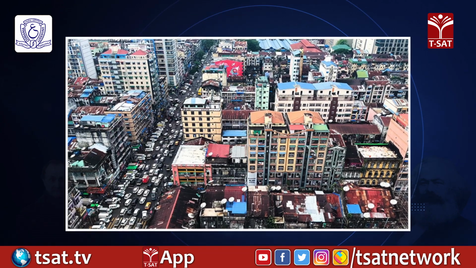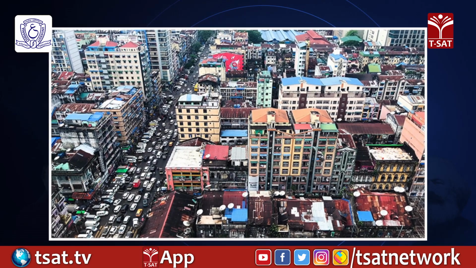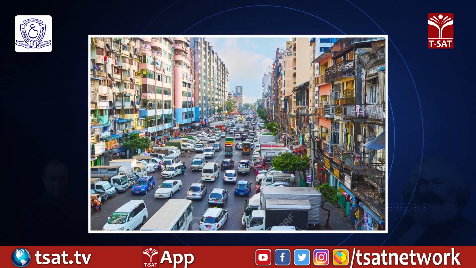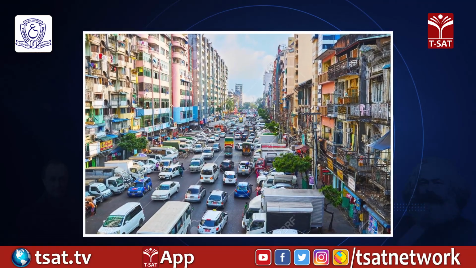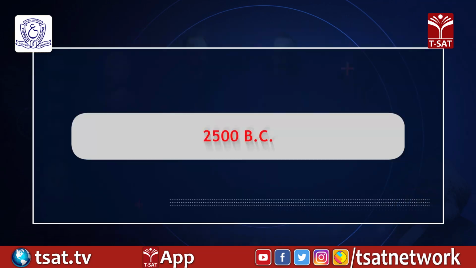The most striking feature of India's urbanization is its long tradition. The emergence of early urban life here is associated with evolution of the Indus Valley civilization around 2500 BC.